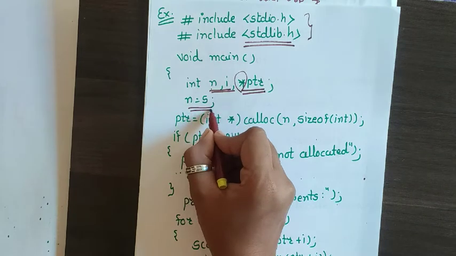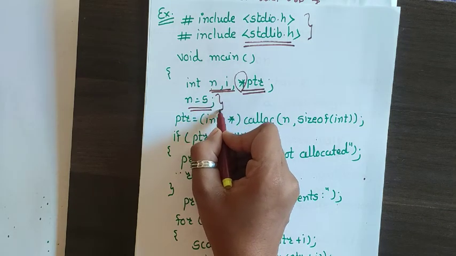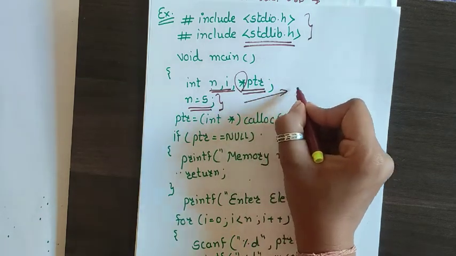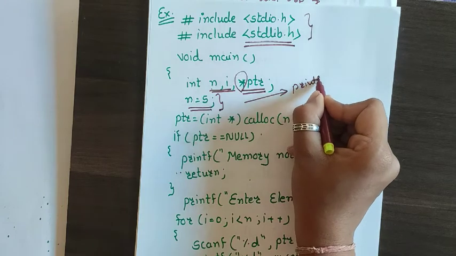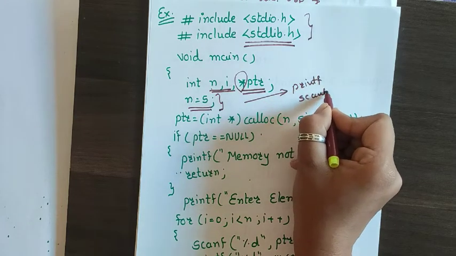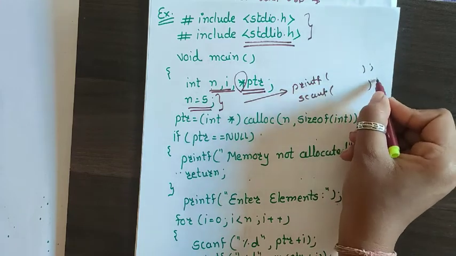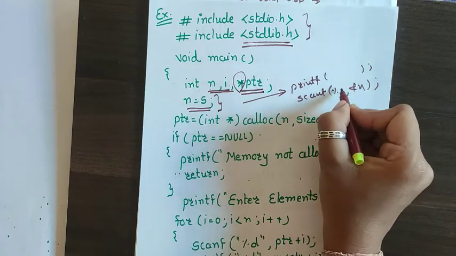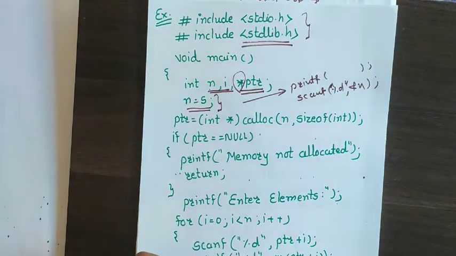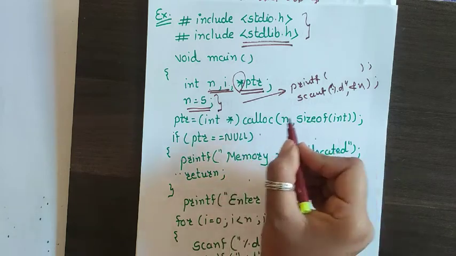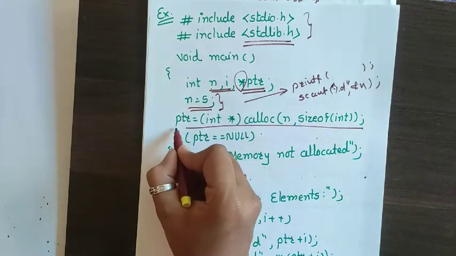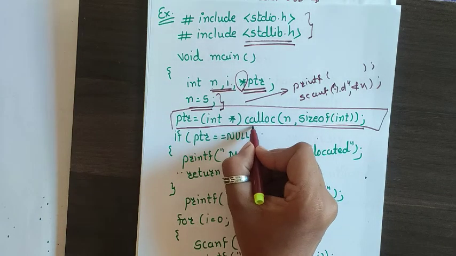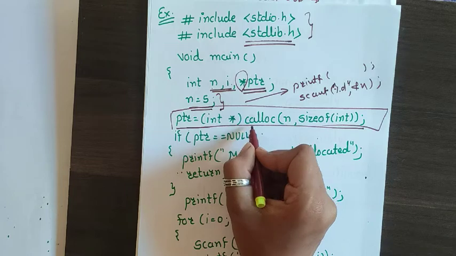Then I am assigning the value n equals 5. As I told you previously, if you want that from the user, you can use printf and scanf: tell the user to enter the data and store it using ampersand n. Now the difference is only in this statement: instead of malloc I am doing the memory allocation using calloc.